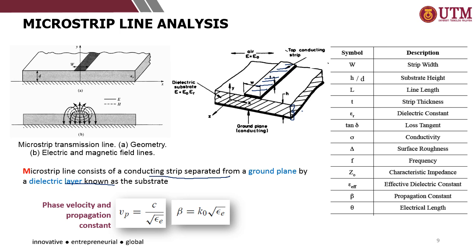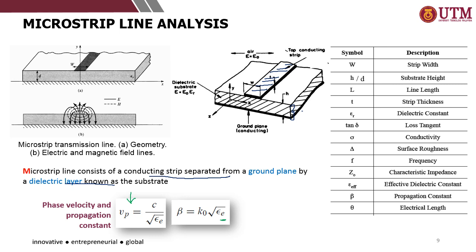Alright, again the same parameters are used in the analysis. The phase velocity can be calculated by this one, and beta uses the same equation, K naught root epsilon effective. But for strip line just now it's K naught root epsilon R. So you need to be careful.